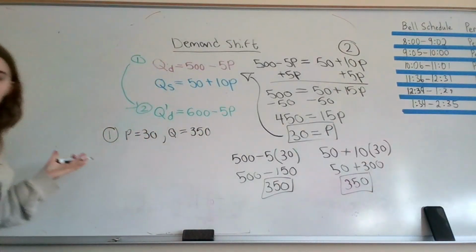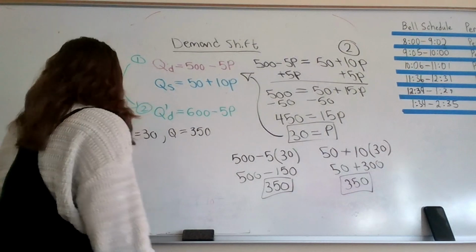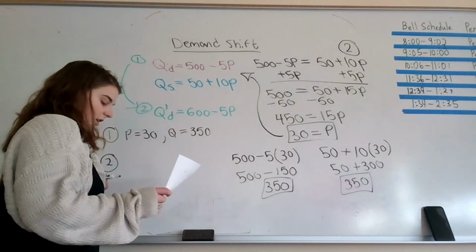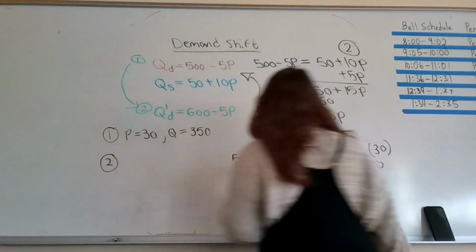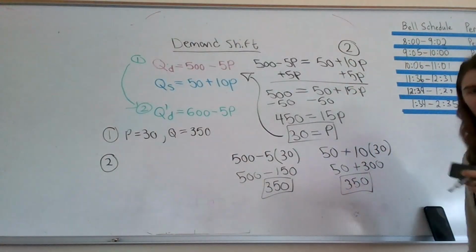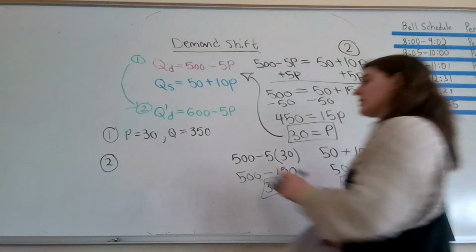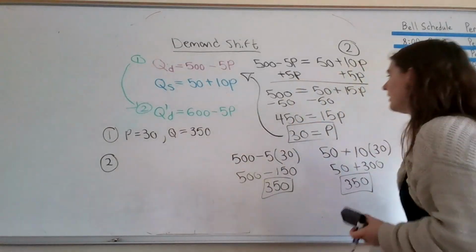First question answered. Our second question is now asking us if this shift occurs, we have a new equilibrium. What are we going to do? We solve it the exact same way. Now we just want to plug in this new demand instead of our old one.